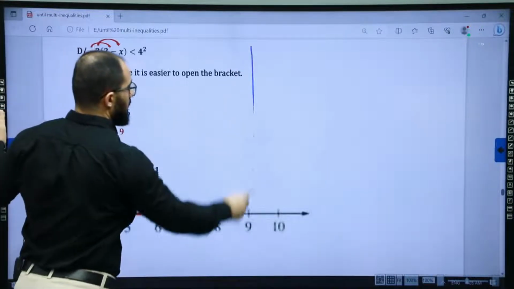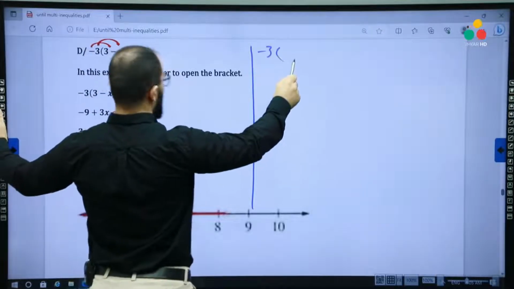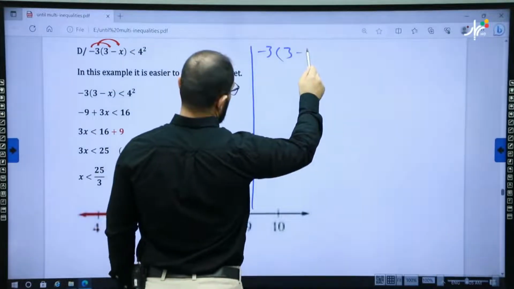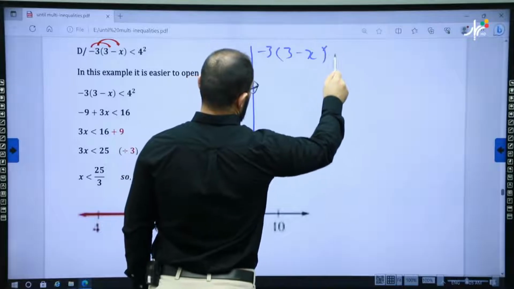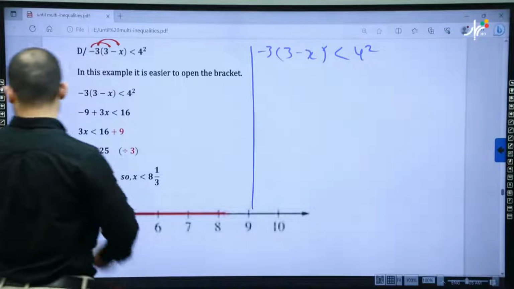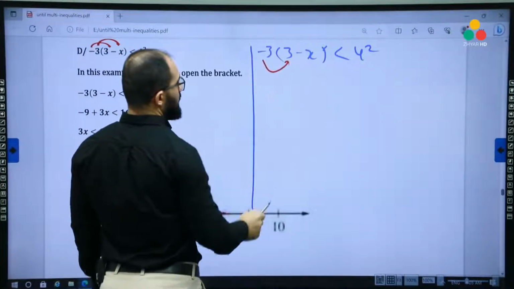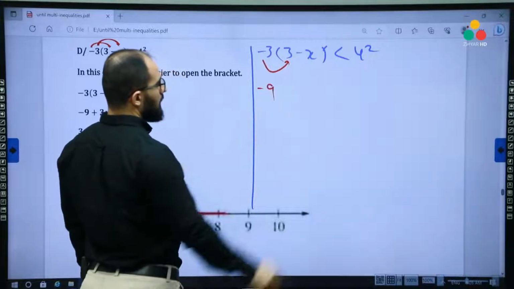So let's solve it. Negative 3 times 3 minus x less than 4 square. In the first step, we are going to clear the bracket. Negative 3 times 3 is negative 9.